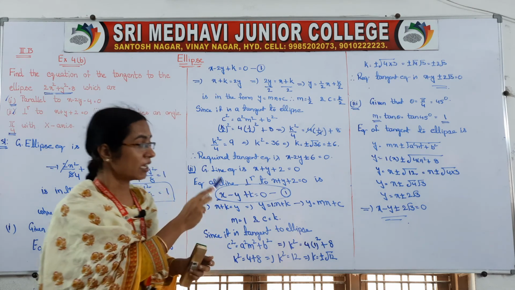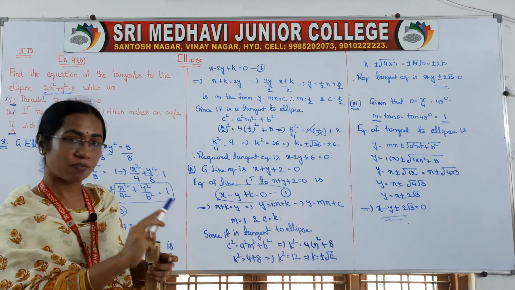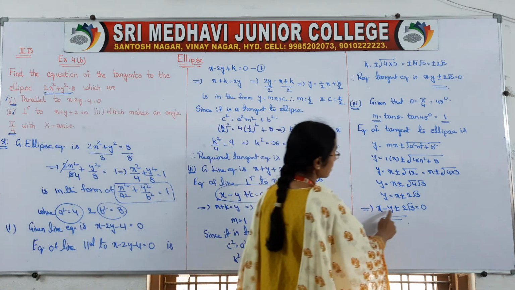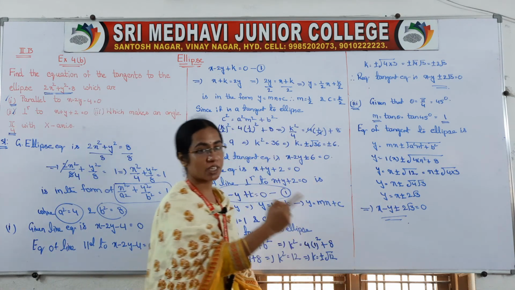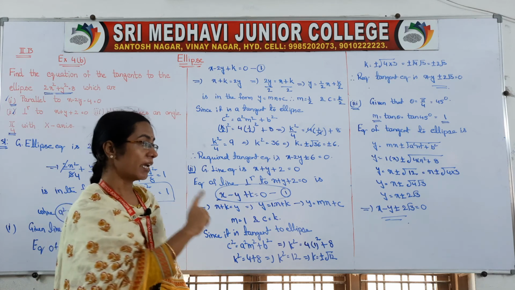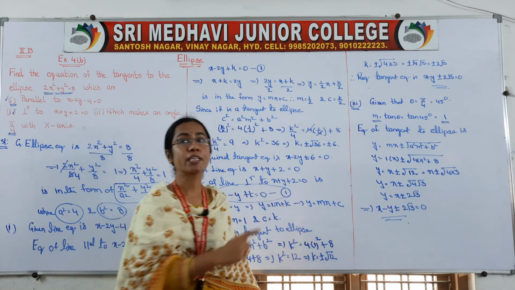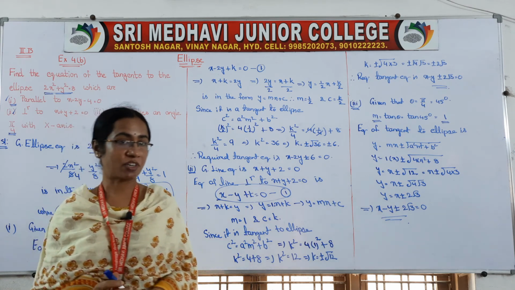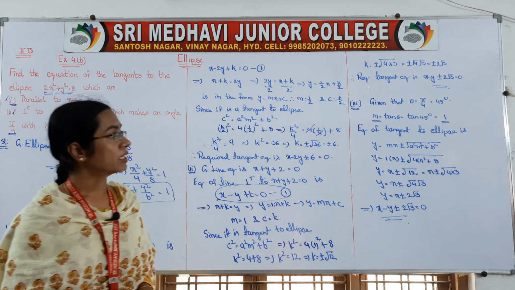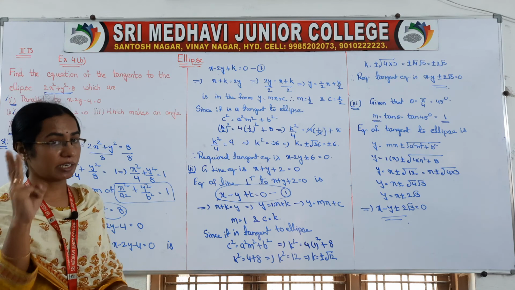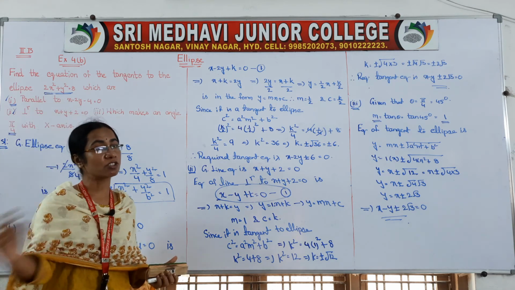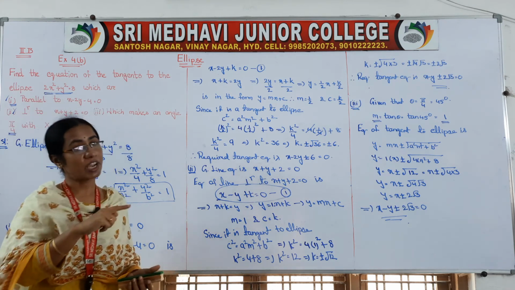Why 2 lines? If we take plus 2 root 3, one line is x minus y plus 2 root 3 is equal to 0. x minus y minus 2 root 3 is equal to 0 is another line equation. So these are the 3 tangents to the same ellipse that we have to find.